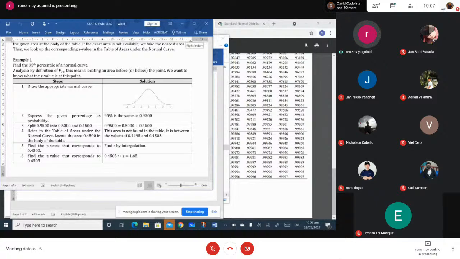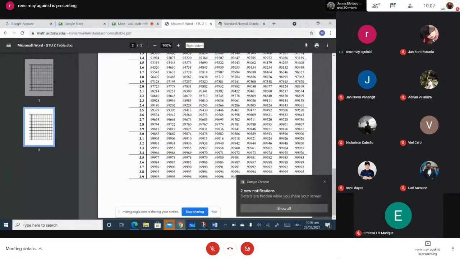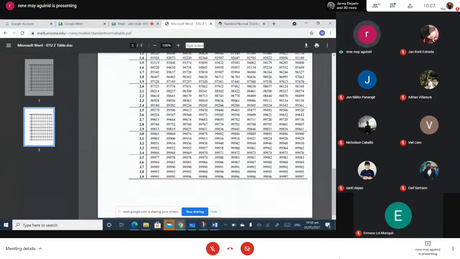Or pwede ka gamit atong isa ka table from left to right, na dili from 0. That will give you 0.95. Asa dapita makita ang 0.95?